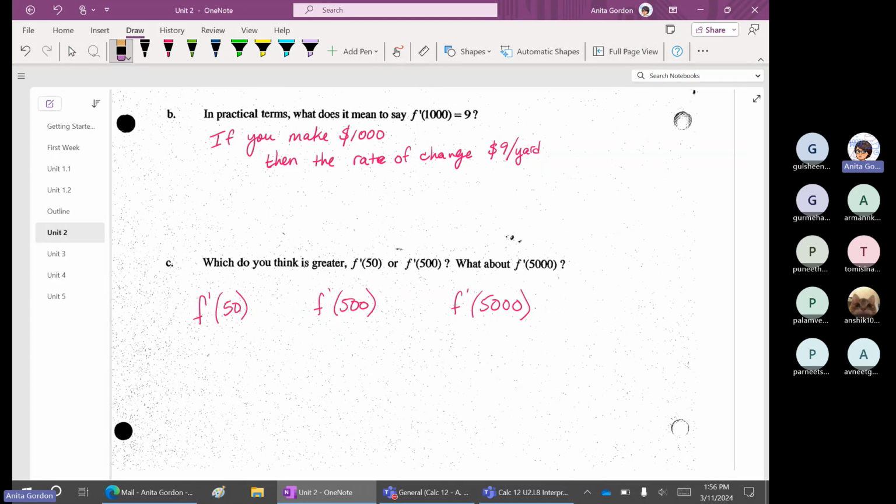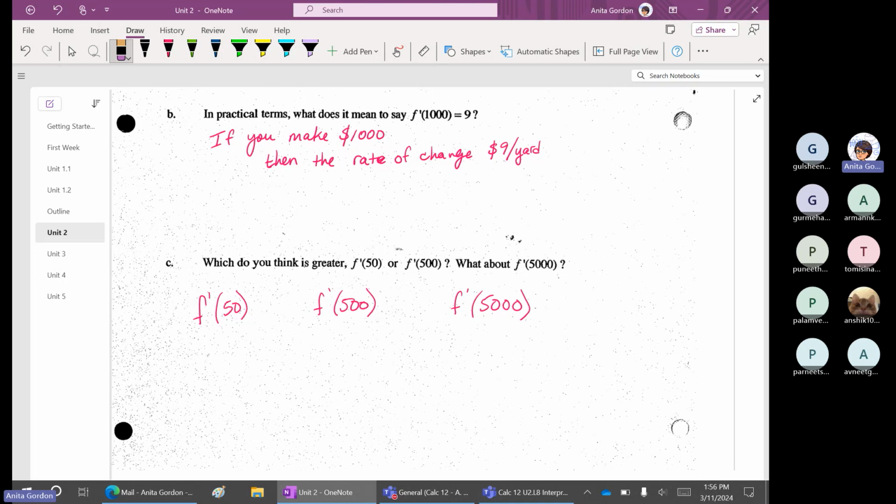What does it represent? The cost to make an additional yard once you have created 50. Is it going to cost you more to make 51 once you've created 50, or is it going to cost you more to make 501 once you've already made 500? Discuss why. Buying in bulk.